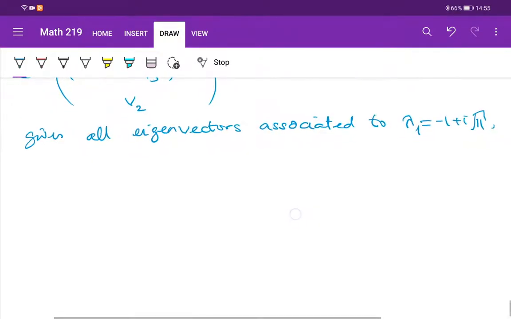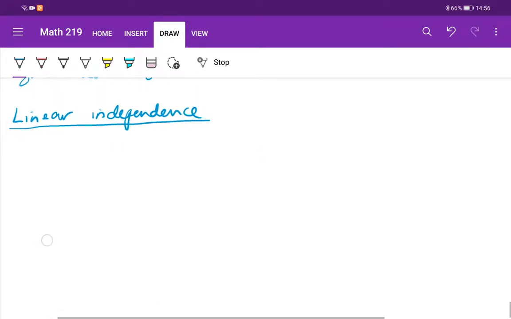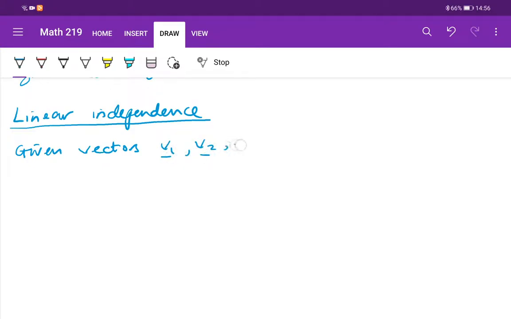Now let's consider linear independence. Given vectors v1, v2, up to vn, in general we should think of these as living inside some abstract vector space, but for us, for example, we can think of elements of Rn or Cn, or Rm or Cm.